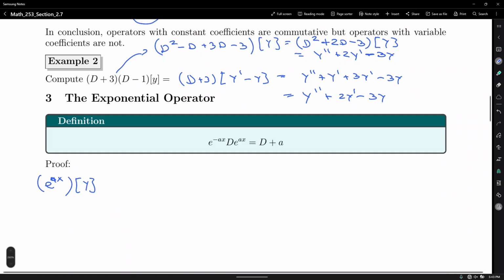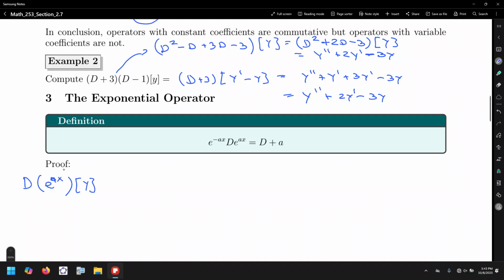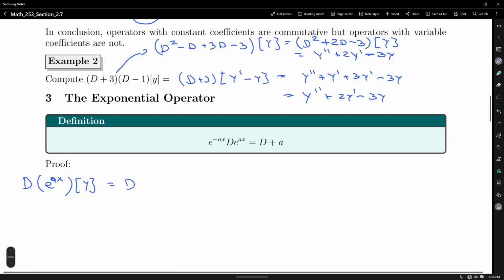So we're going to get somewhere. And then I'm going to have the differential operator acting here. On the one hand, let me have these operators act one at a time. So I'm going to distribute the exponential with the y, keep the operator d, and then this is e to the ax y, and then let's expand this operator.